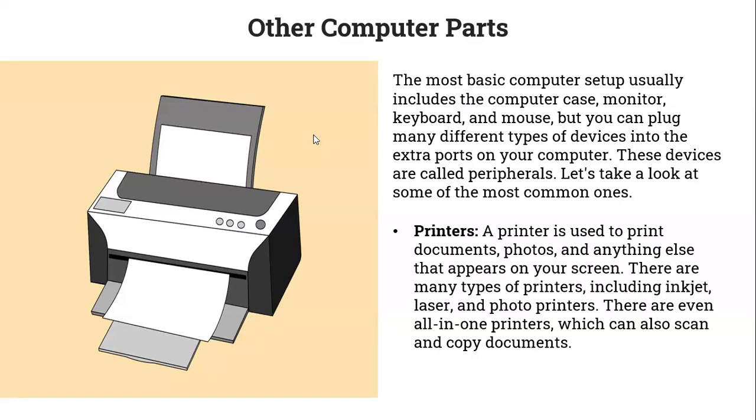A printer is used to print documents, photos, and anything else that appears on your screen. There are many types of printers, including the inkjet, laser, and photo printers. There are even all-in-one printers which can also scan and copy documents.